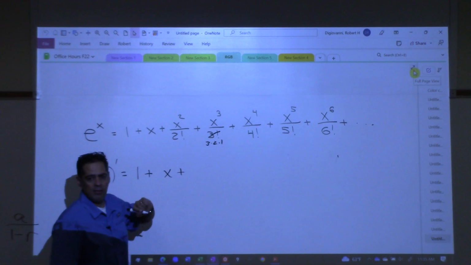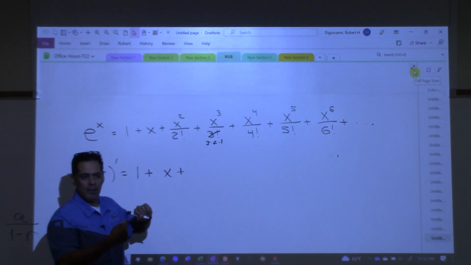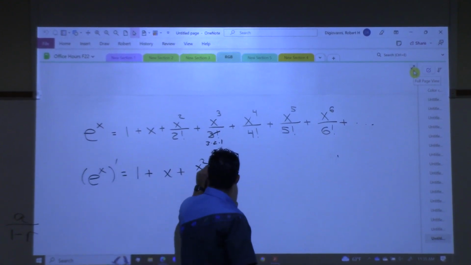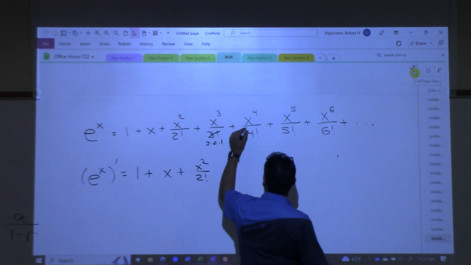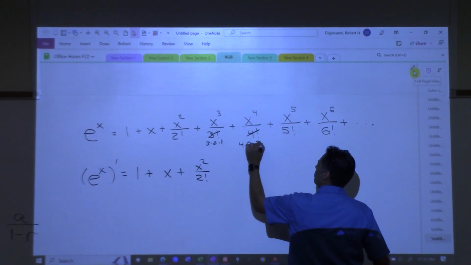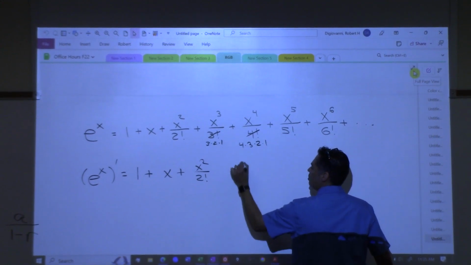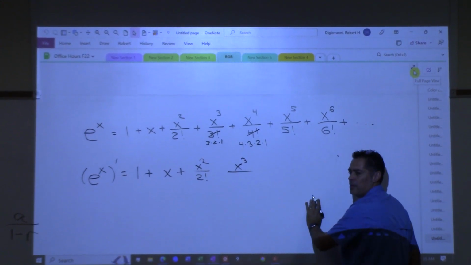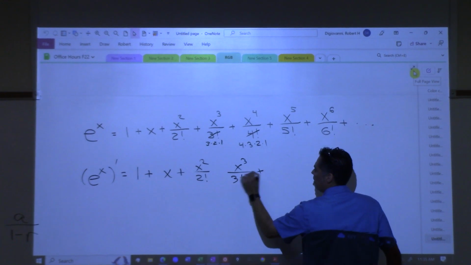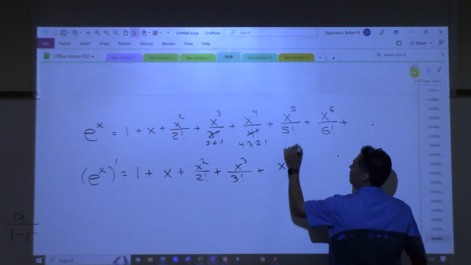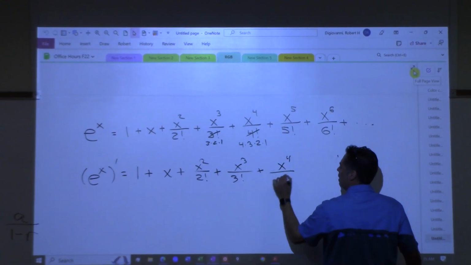Yeah. So the 3's cancel. You get x squared over 2 factorial. And then here, this is really 4 times 3 times 2 times 1, right? So when you do the power rule, 4 comes out and cancels. You get x cubed on top, and what's left on the bottom? 3 factorial. And then you keep going, right? x to the 4th, 5 comes out, cancels, and you get 4 factorial.